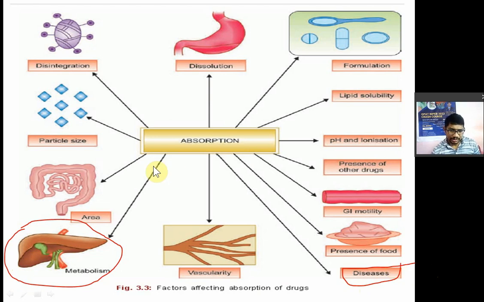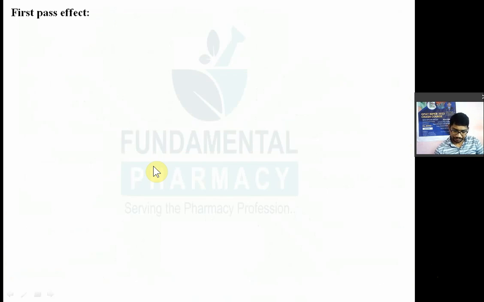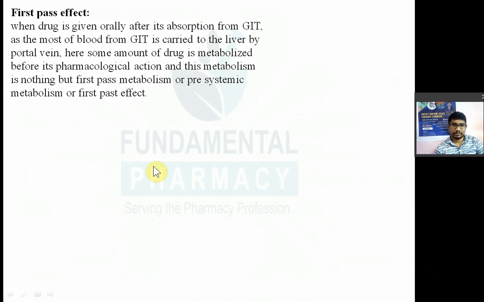When a drug is given by the oral route, after its absorption from the GIT, most of the blood from the GIT is carried to the liver by a vein known as the portal vein. Portal circulation.